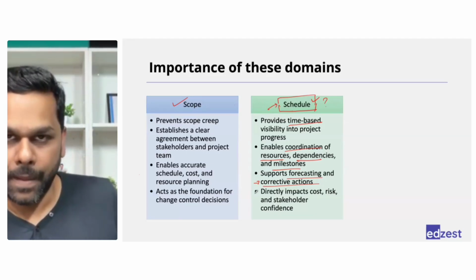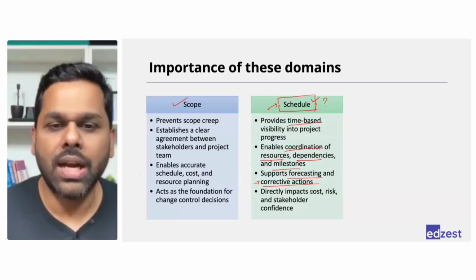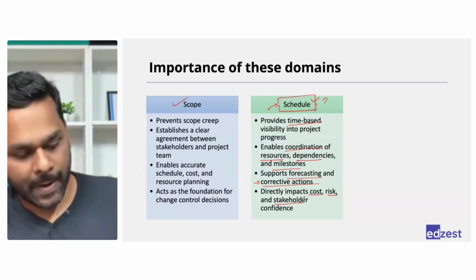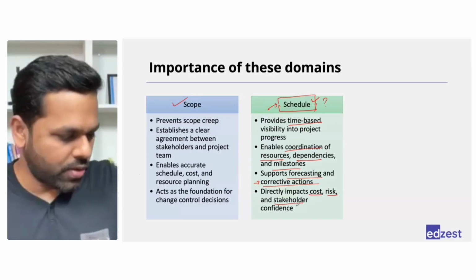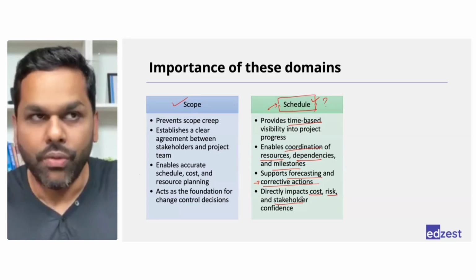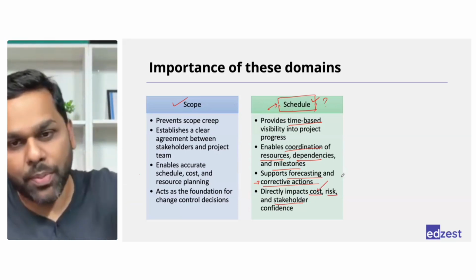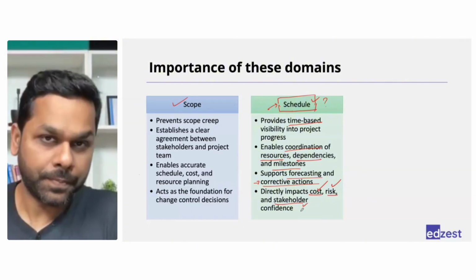Right? Another point which is very, very important is the direct impact on cost, risk, and stakeholder confidence. How well you have created the schedule, how well you are managing the schedule would be directly related to how much you are spending in the project, what type of problems you might face in the project, how happy your stakeholders are.